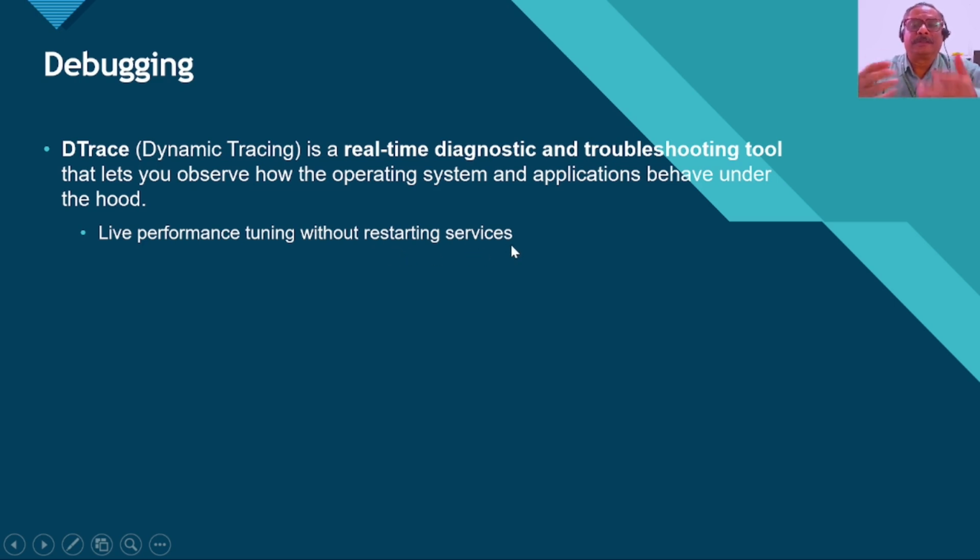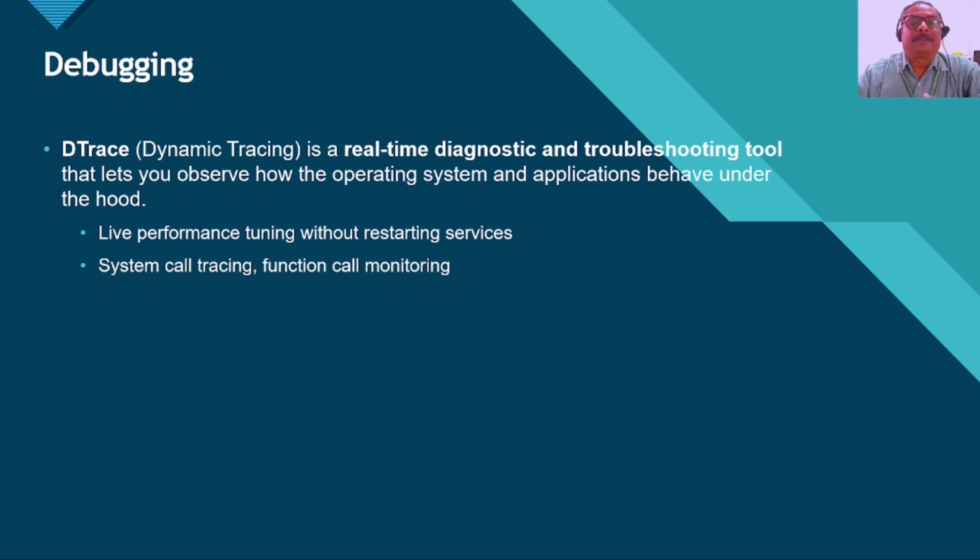While the system is running, it looks for problems and tries to address them, all live, and we don't have to stop the service and then restart it. So that's the advantage of dtrace.